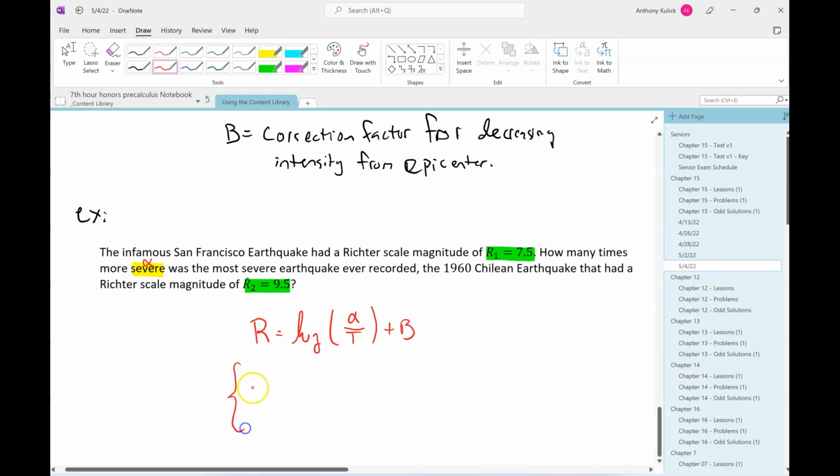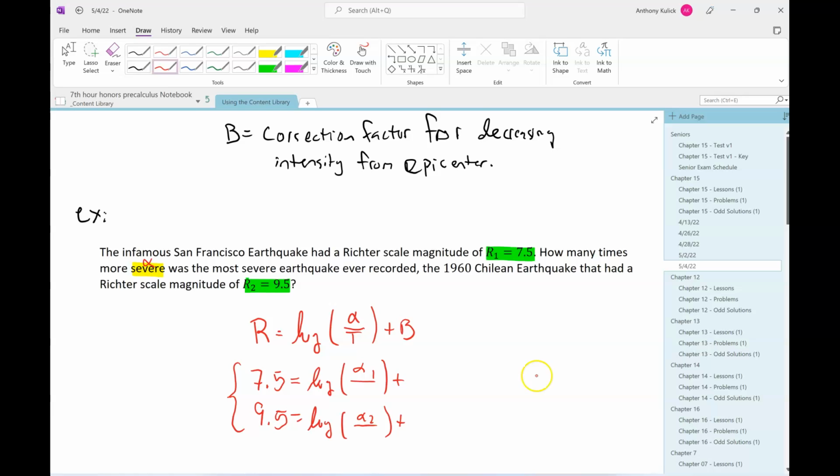Hopefully it's not going to come as much of a surprise that what we're going to do is start by writing a system of two equations. Everybody's cool so far? Now we're going to think about things a little bit.